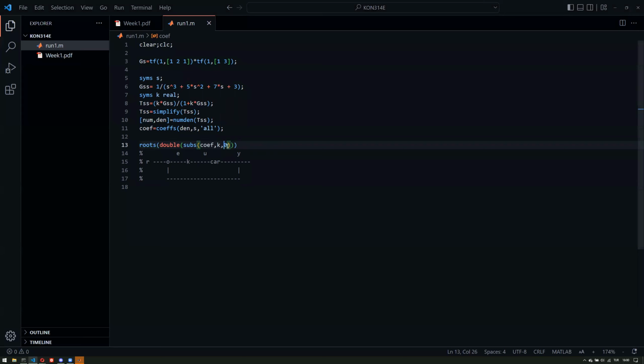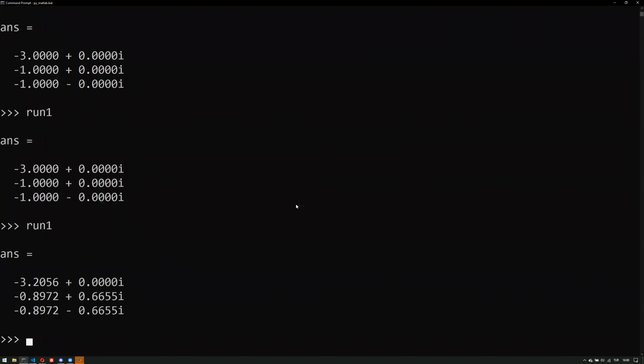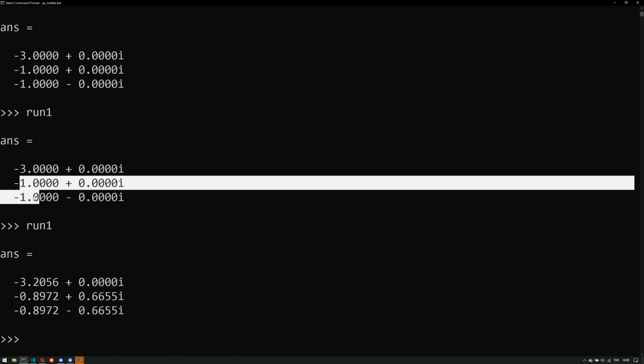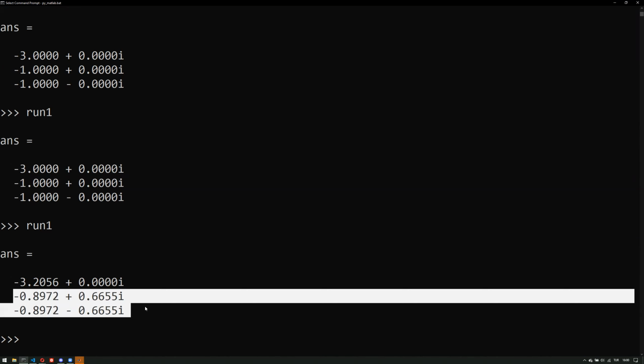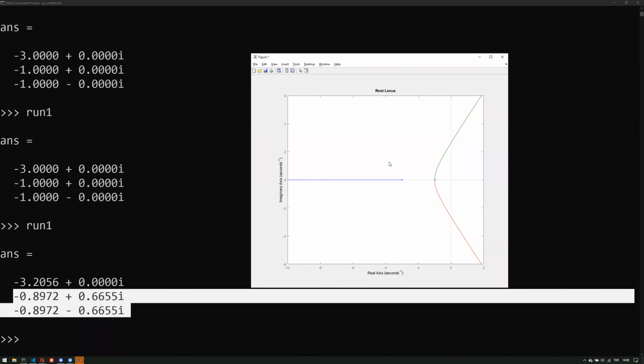Now, if I change the value of k, I'll see that, for example, it started out with -3, now it became -3.2. And at this point, the poles were coinciding here, but now they became a complex pair. That was also obvious on the plot, because from now on they are complex pairs, and they are moving towards the j omega axis.